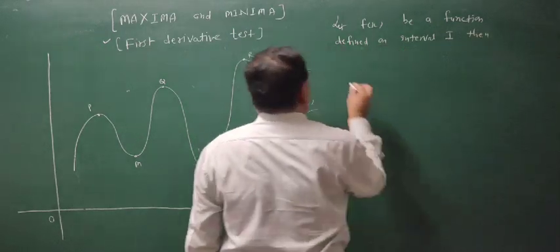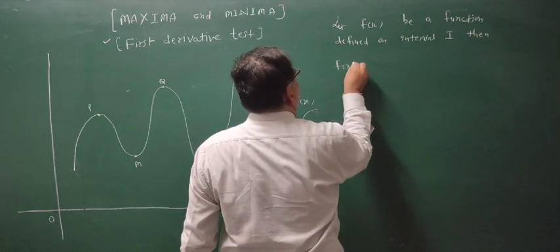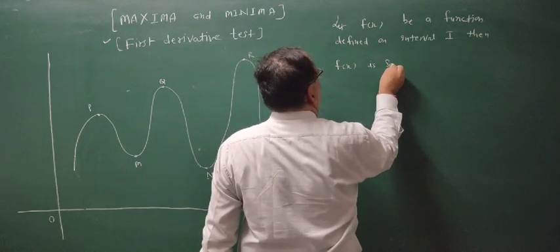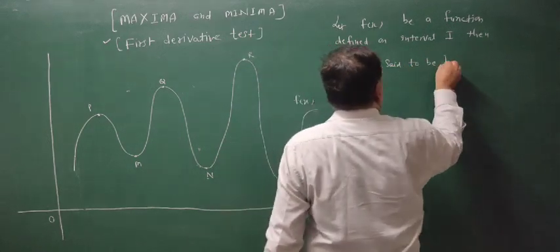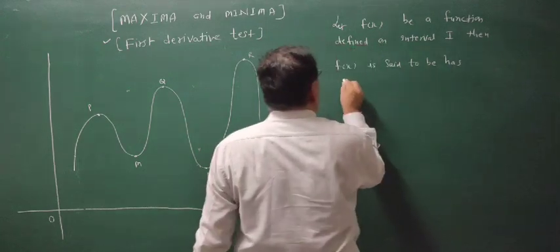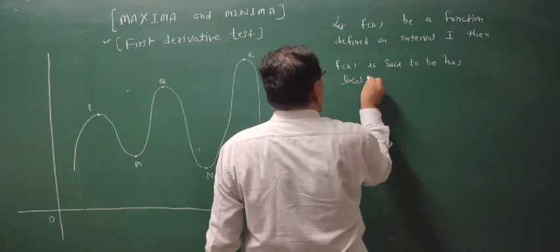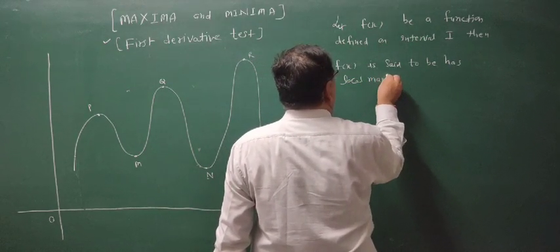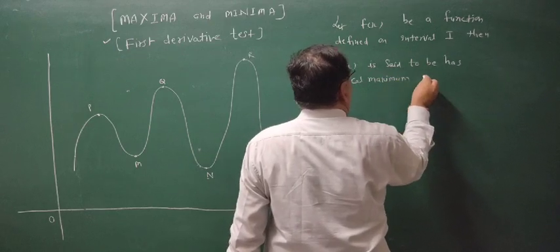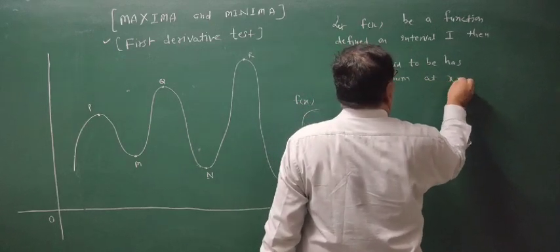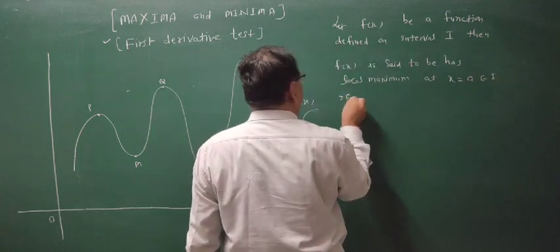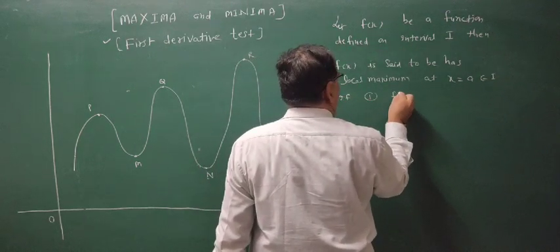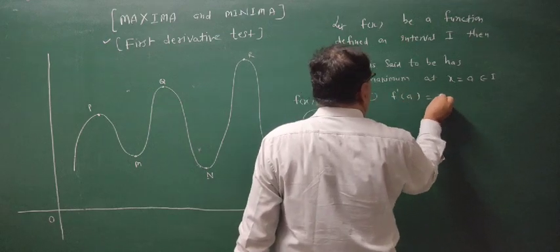then f(x) is said to have a local maximum at x equal to a, belonging to I, if the condition first, f dash a should be 0.